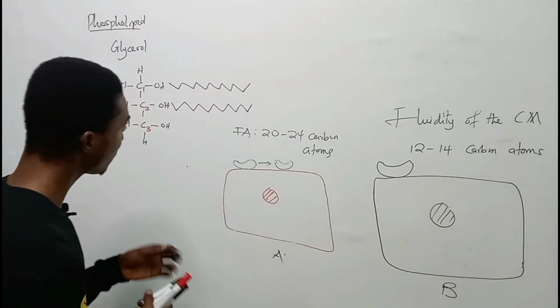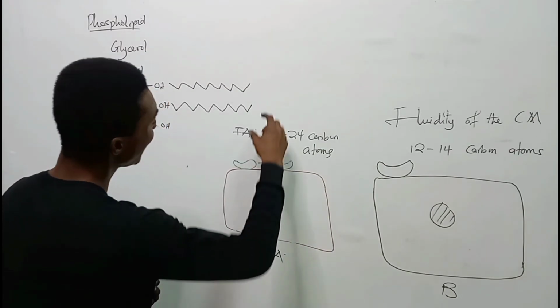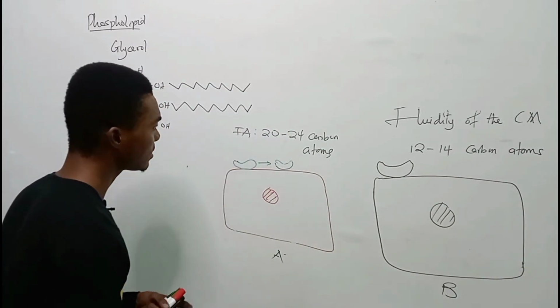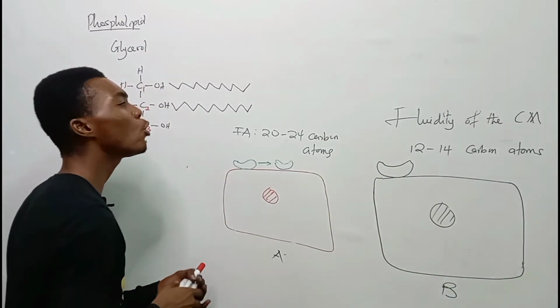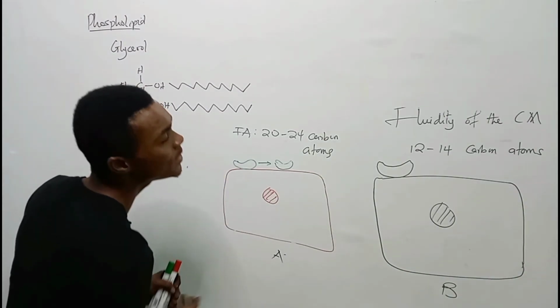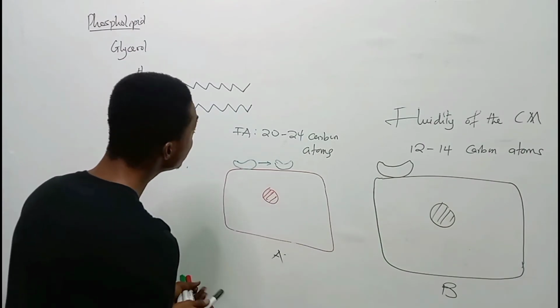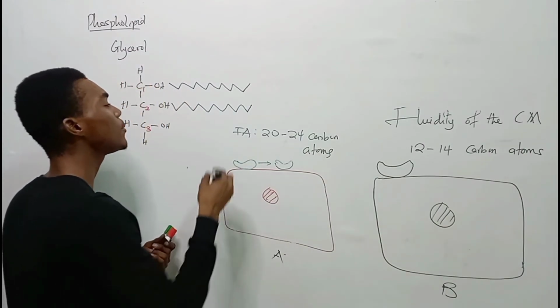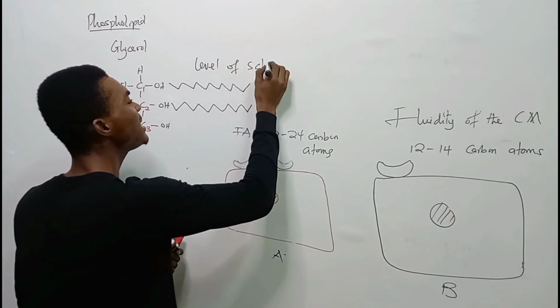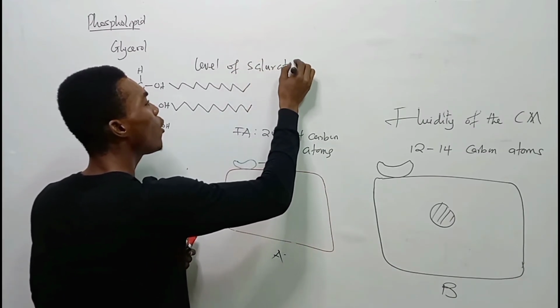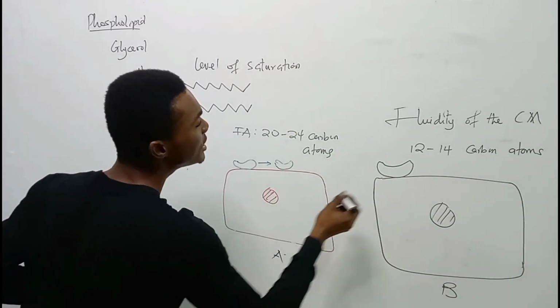Now, there is one other thing. With regards to these same fatty acid chains, the level of saturation of the fatty acids also has something to do with the fluidity of the cell membrane. What are you trying to say this time around? You are saying that the level of saturation of the fatty acids also affects the fluidity of the cell membrane.